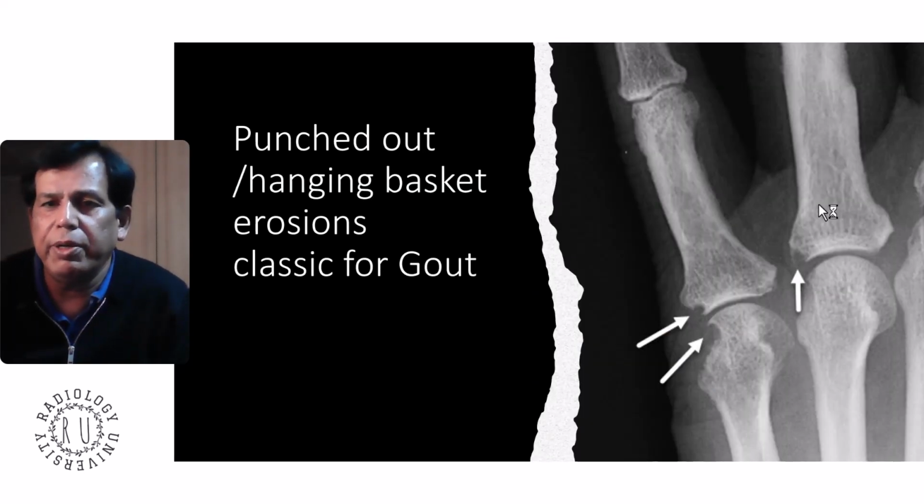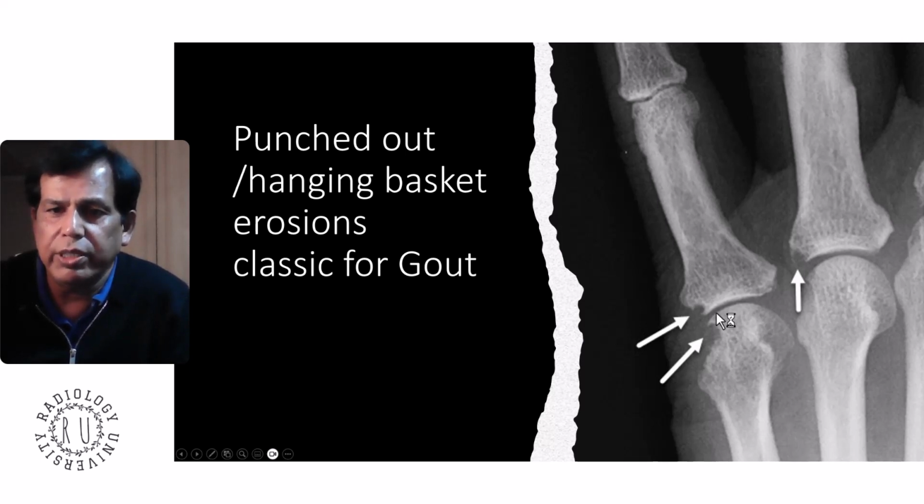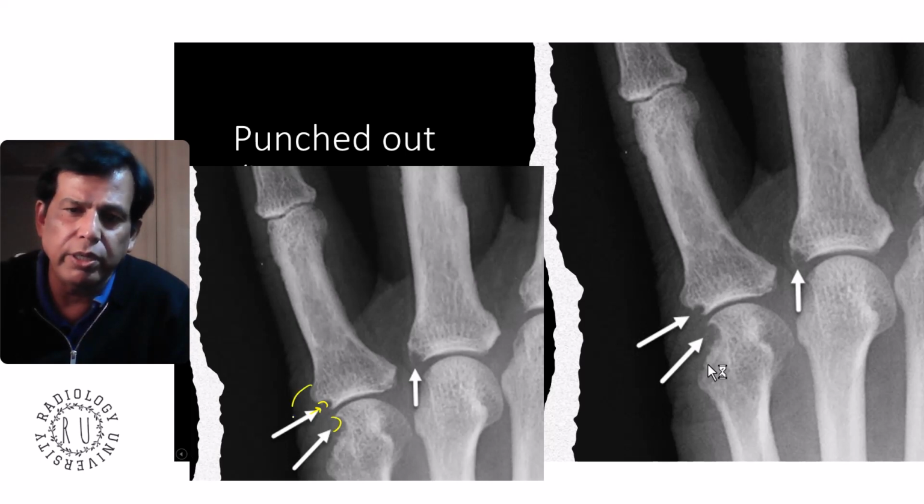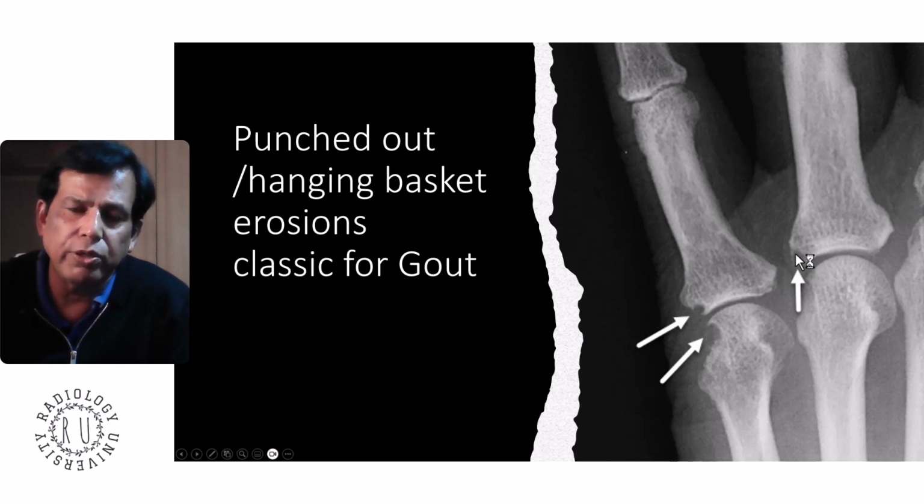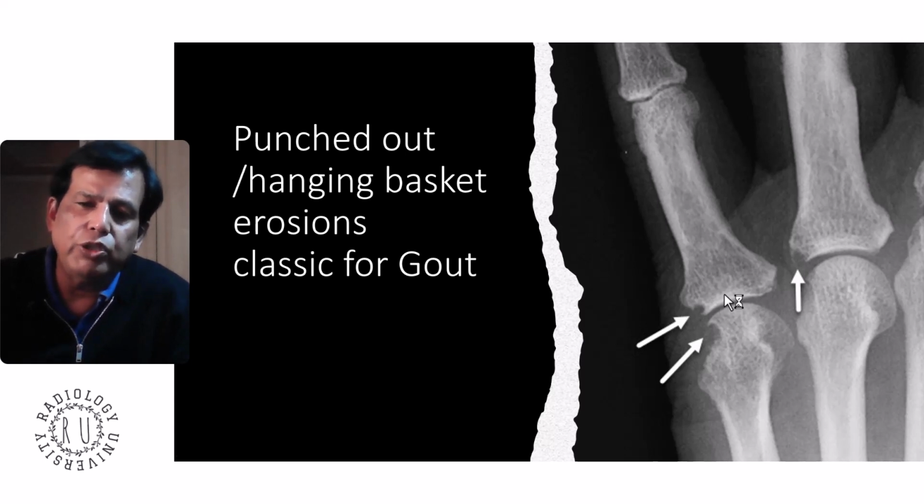So this is a typical description. You can see this is normal joint space. These erosions are described as punched out erosions on the edge. This is a bigger erosion because it's more long standing. This is all punched out erosion with normal joint space, so that is gout. And the soft tissue is called tophi.